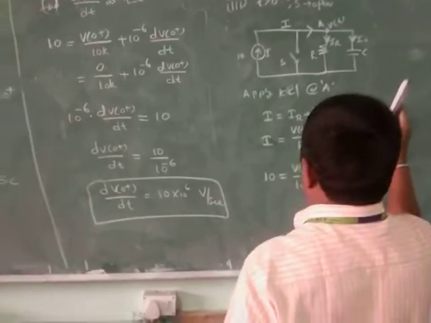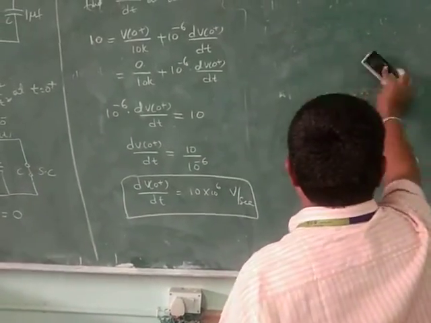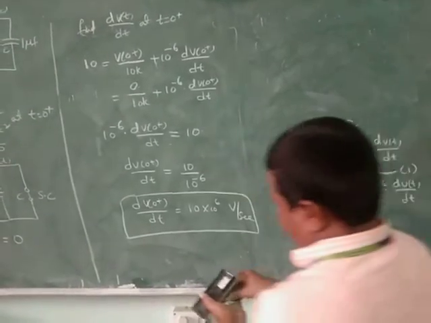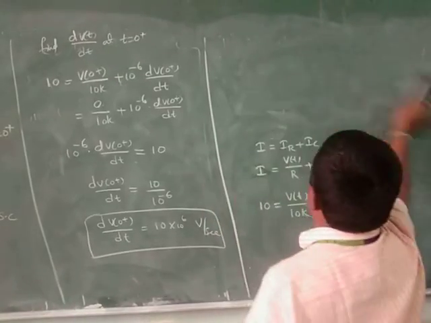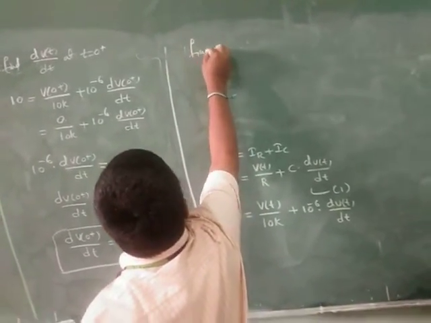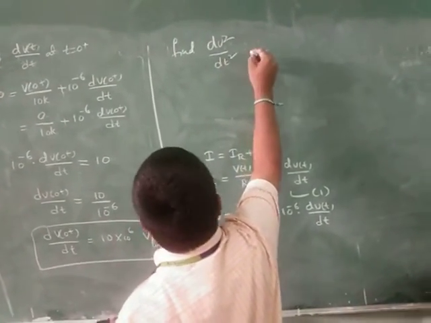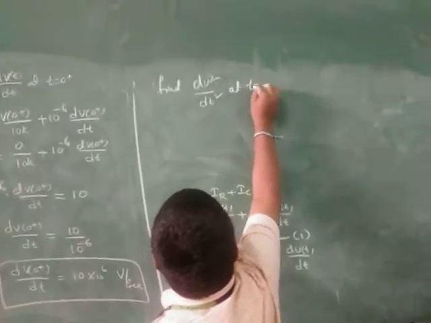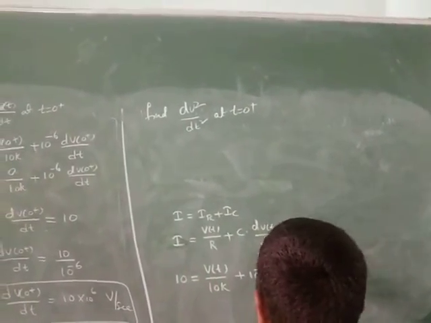And next one is, similarly, find d square V by dt square at t is equal to 0 plus. Okay, this is equation 1.